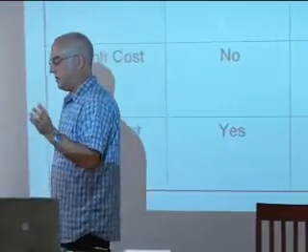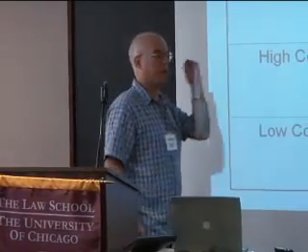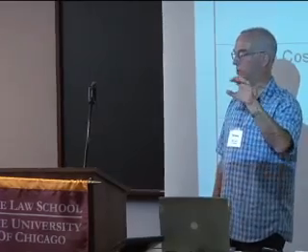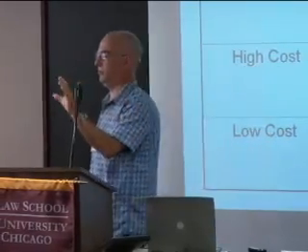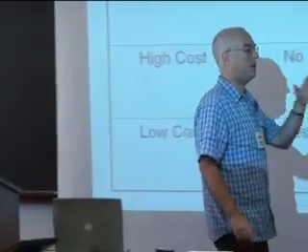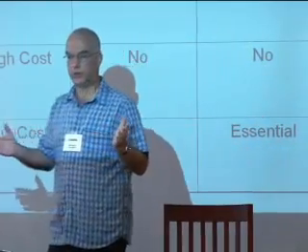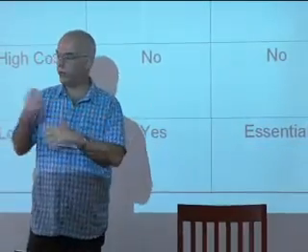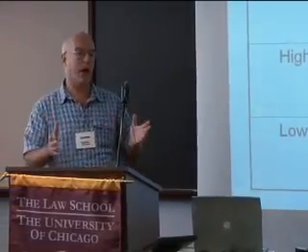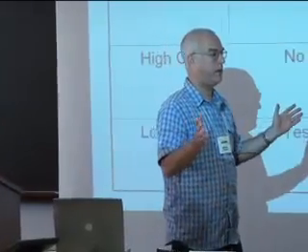And I argue that it would be very hard to have a specific, uniform default rule that would be tailored, say, under those conditions there should be cooperation, and under other conditions there should be no cooperation. So when cooperation is high cost, because it could take different forms and different modes, it would be very hard to tailor a default rule that would be applicable to many parties.